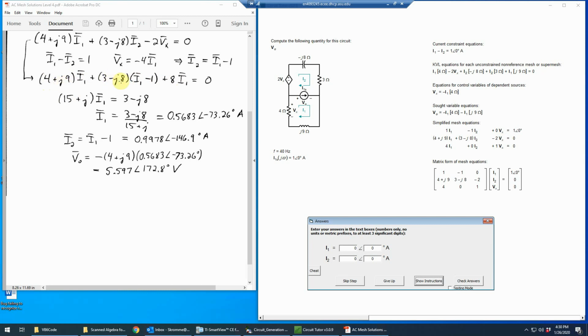So j9 minus j8 is just j, and that would be it. So we just have plus j, or j1 if you prefer, times I1 bar. And then the constant term here would come from this minus 1. And so that would basically be the 3 minus j8 times minus 1. We can add that to both sides to put it on the right-hand side where it belongs, and that would, of course, just give us 3 minus j8 on the right-hand side because it has this coefficient of negative 1 here.